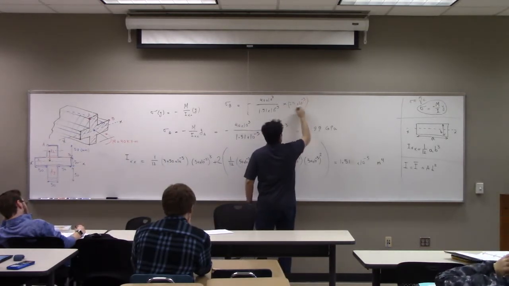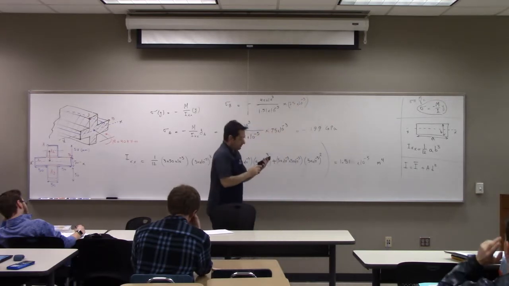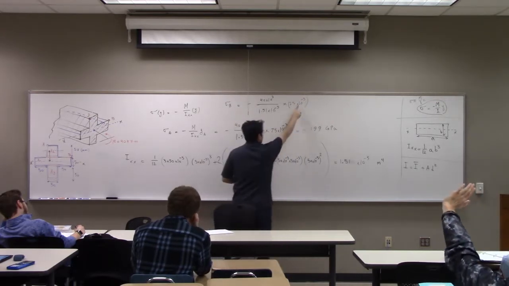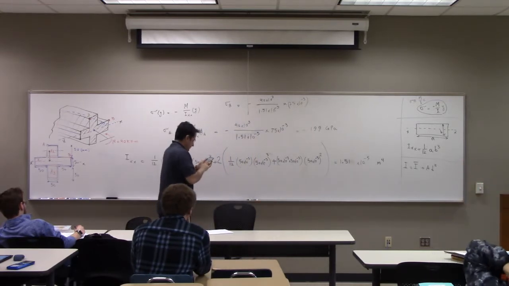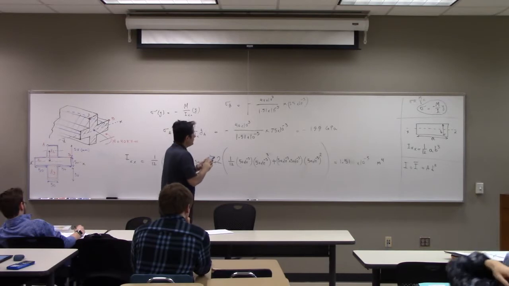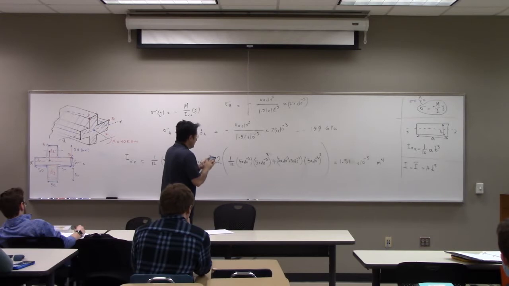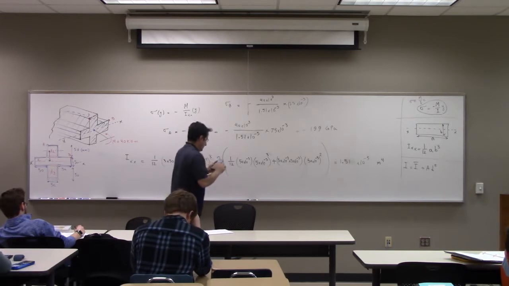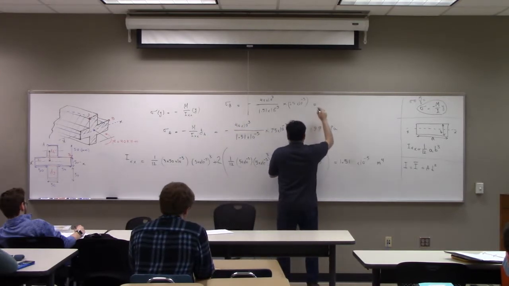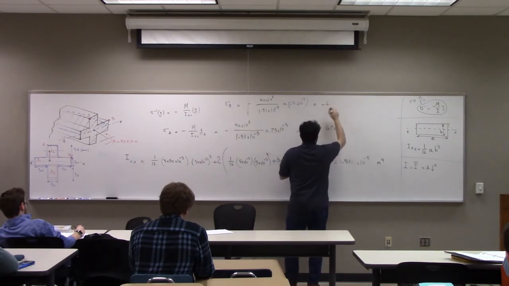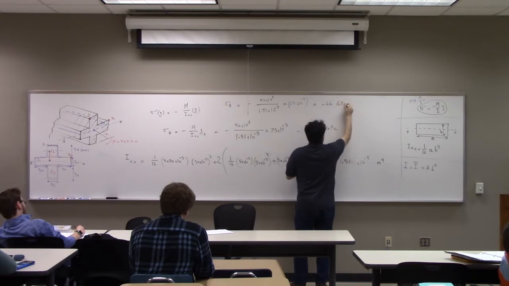That's very easy to forget. I made that mistake too. So don't forget that 10 to the negative 3. Put it in the calculator. That's going to give you negative 66 gigapascal.